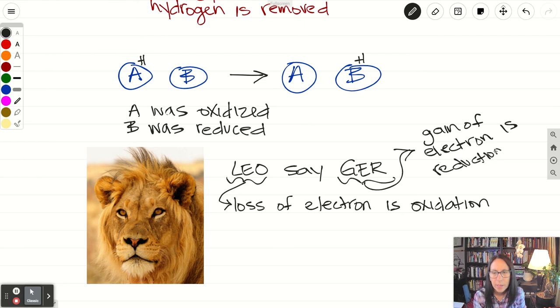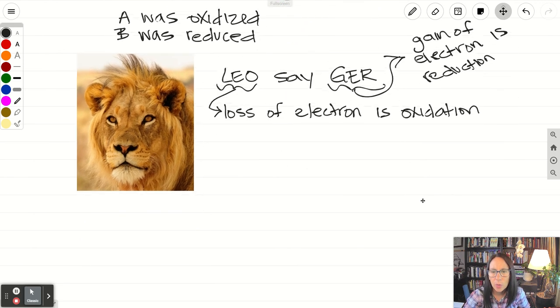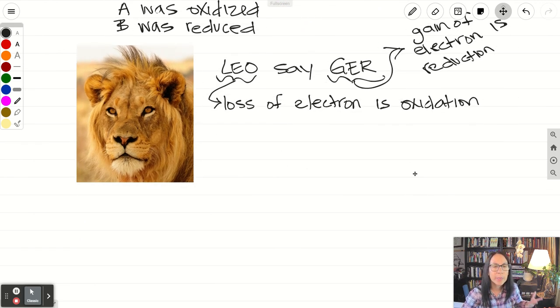So there's a concept for you. I just want to introduce you to a specific molecule because this is what we need to know to learn about a big process I'm going to talk about in a couple videos from now.